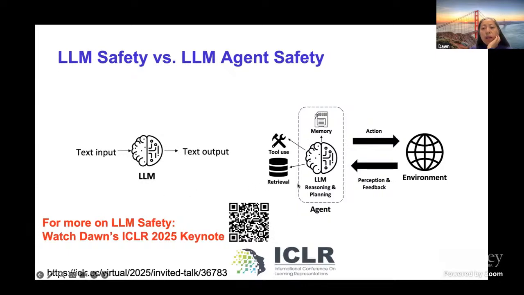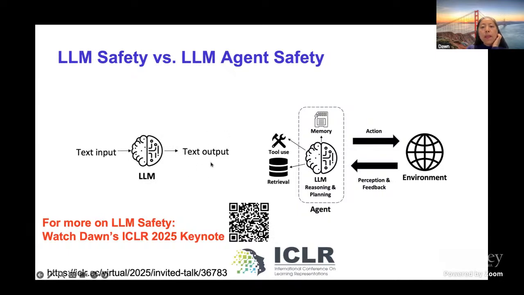However, when we talk about agents, safety and security, the issue is even more complex and can be even more severe. In the sense that when we talk about safety in general, it's mostly that we want to ensure the outputs of the model satisfy certain safety requirements, doesn't cause harm, for example, doesn't output toxic information and doesn't leak sensitive information, and lots of other aspects.